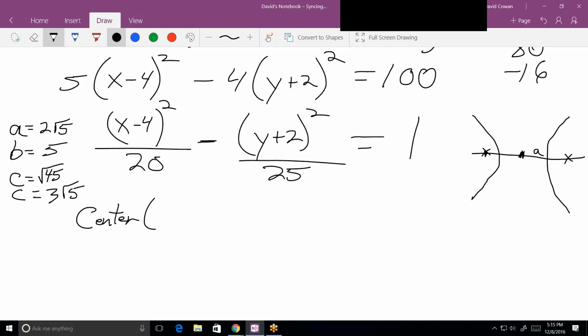The center is at 4, negative 2. And the foci, instead of labeling this on a graph, I'll just let you do it algebraically.